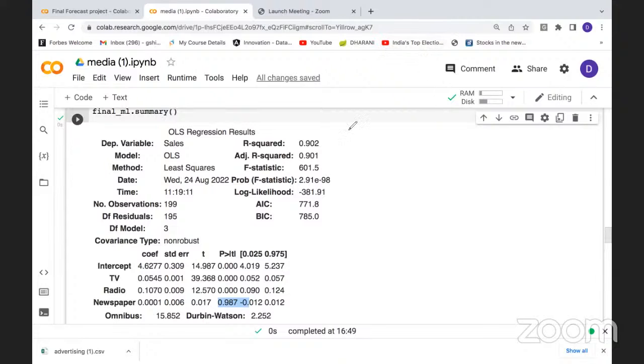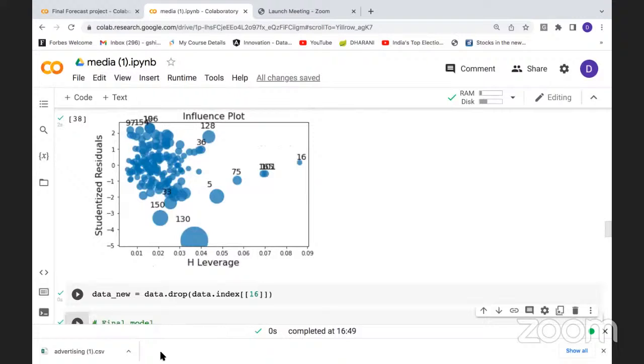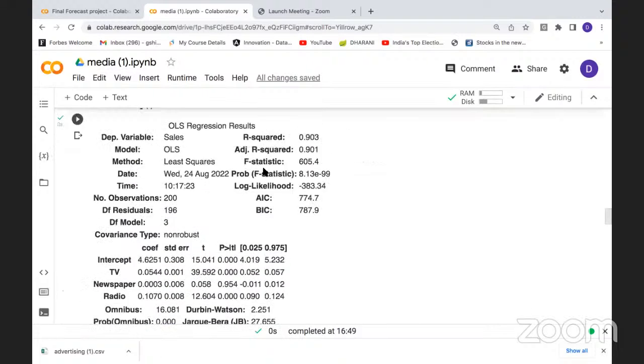These are nothing but added variable plots, or partial regression plots. Both mean the same. We are trying to find the effect of newspaper, right? But this is not a multicollinearity problem, because if you see, none of the inputs have very good correlation.